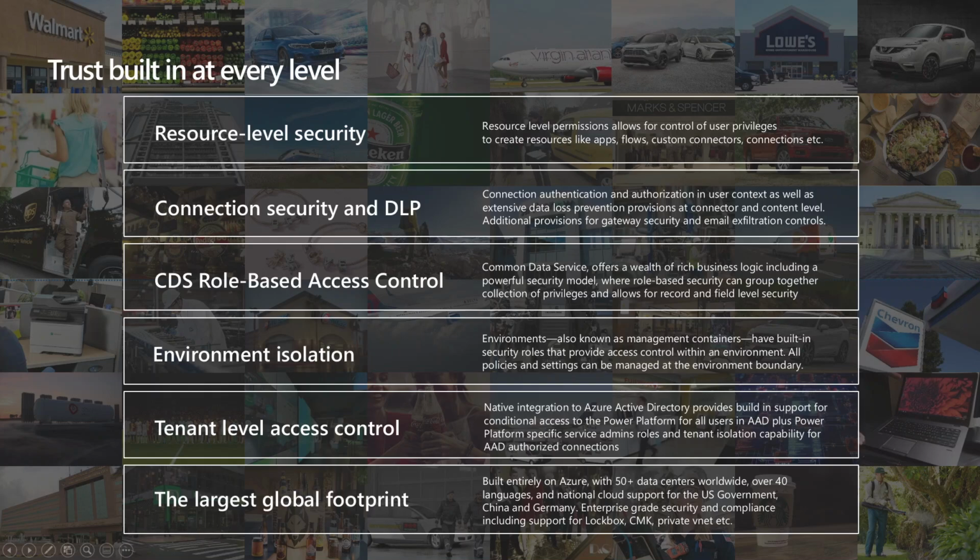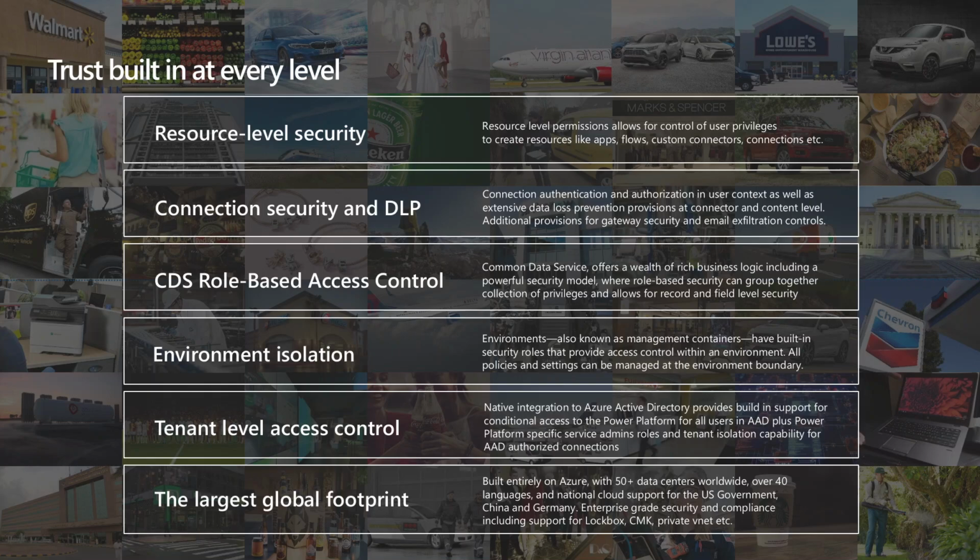Power Platform is a powerful low-code, no-code platform, and it brings with it security and compliance features that are inbuilt of Azure and Active Directory. So these are the layers of security that you've got to be able to implement and tailor the security so that it gives just enough to the right people.